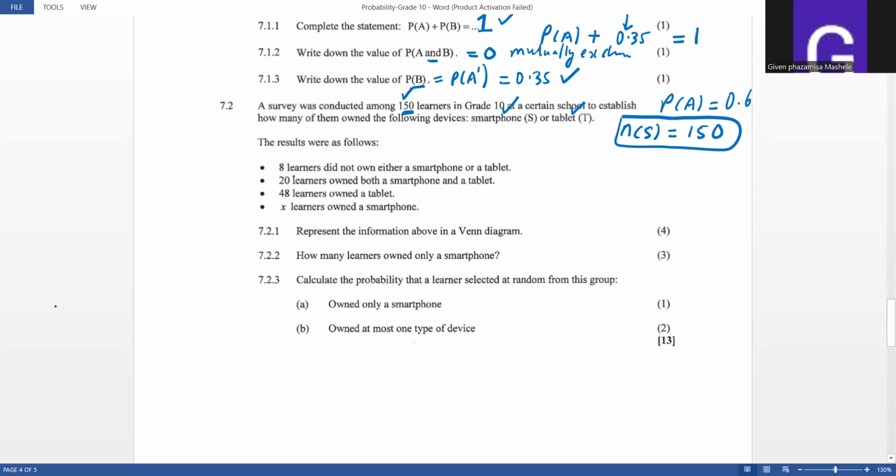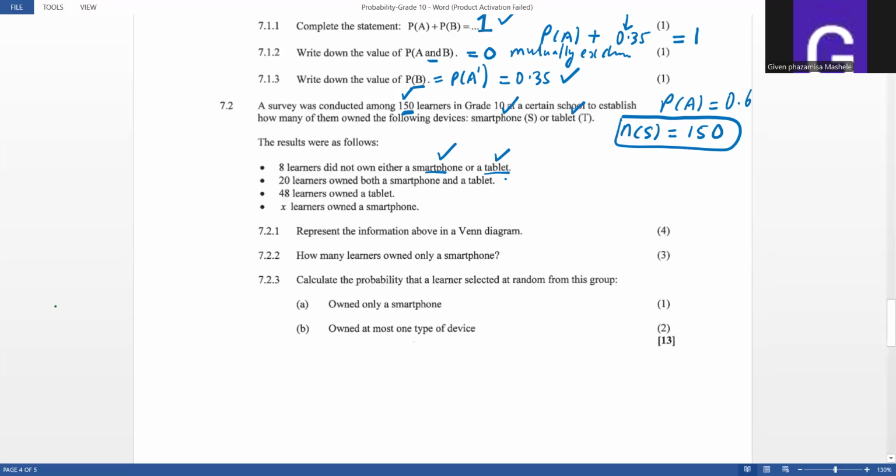8 learners did not own either a smartphone or a tablet. None. So they owned other things except a smartphone or tablet. 20 learners owned both a smartphone and a tablet, both.